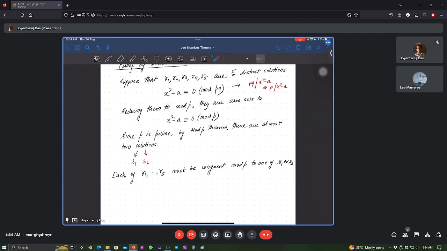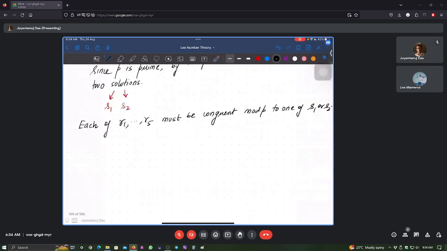The thing is, if each of five things is either S1 or S2, then at least three of them should be the same. Let me explain. Suppose there are two boxes and you have five objects. You are distributing these five objects among these two boxes.